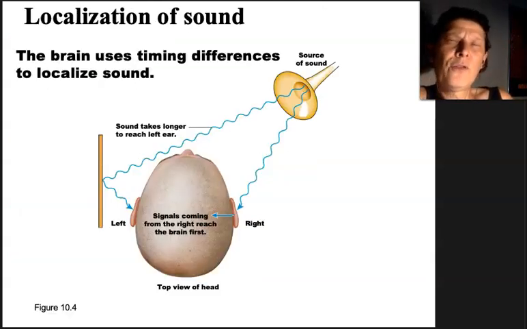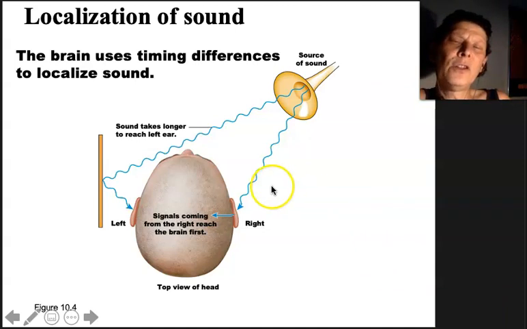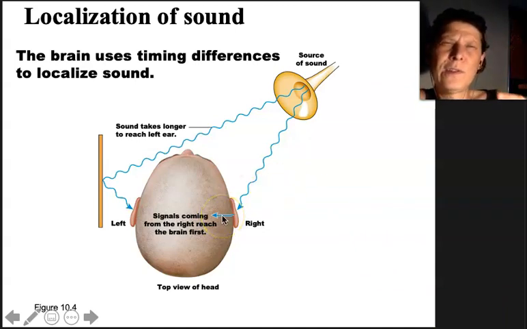Here's an interesting figure, 10.4, that shows how the brain uses timing differences to localize sound. It's minimal in terms of our conscious perception, but for the brain's functions in terms of electrical impulses and membrane potential change, it makes a difference.